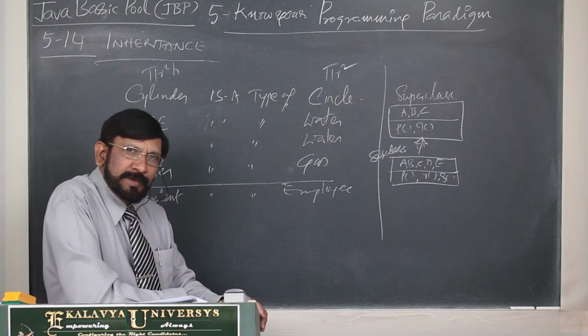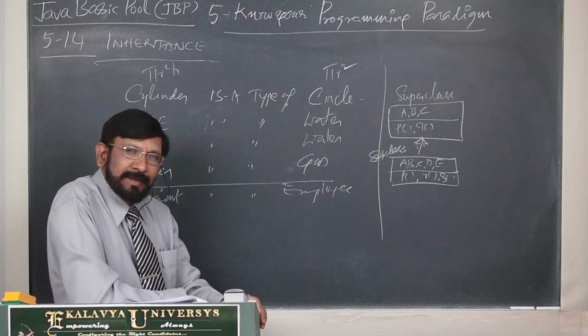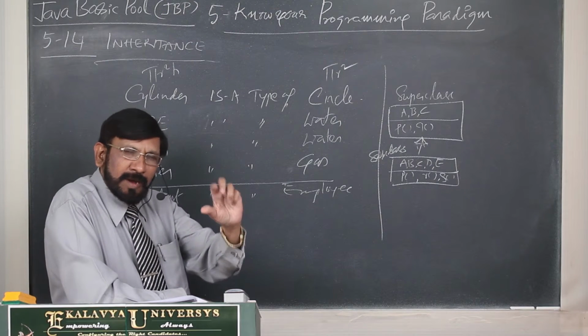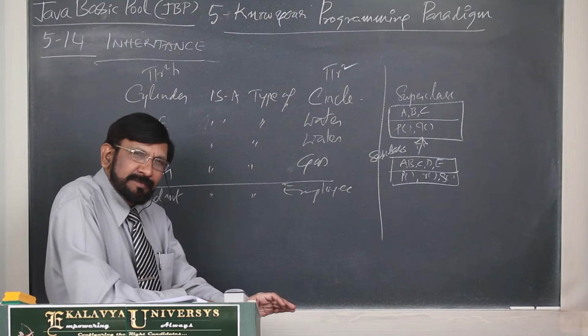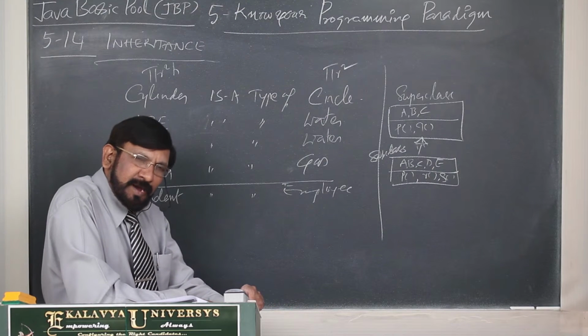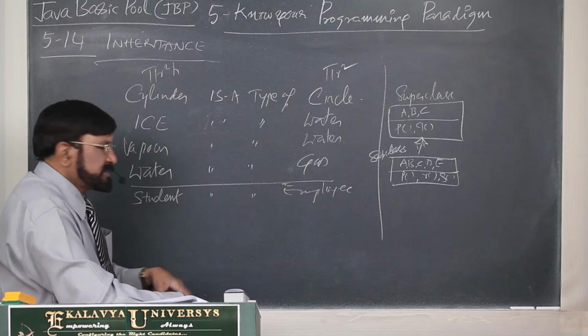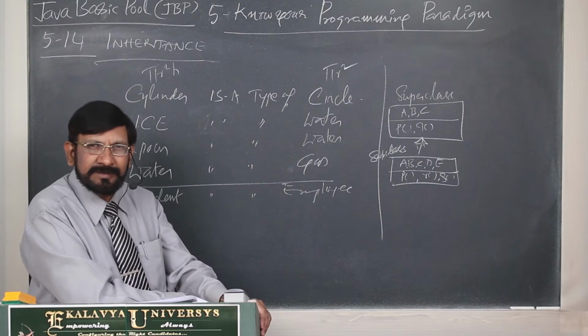Suppose in the employee and student classes there are common features like name, number, address, qualification, etc. But few common features are there, and many uncommon features are there. Simply because of common features, if you take it, then it leads to adversity. Uncommon features are also part of your object.